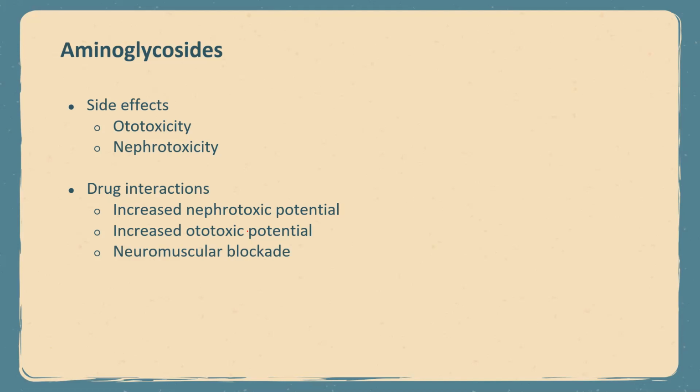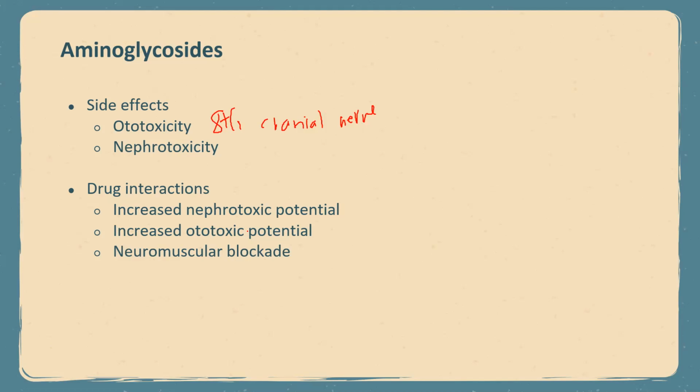When we say ototoxicity, that is the damage of the 8th cranial nerve, which is manifested by dizziness, tinnitus, and progressive hearing loss. That's the side effect of aminoglycosides in terms of the hearing because of the damage to the 8th cranial nerve.